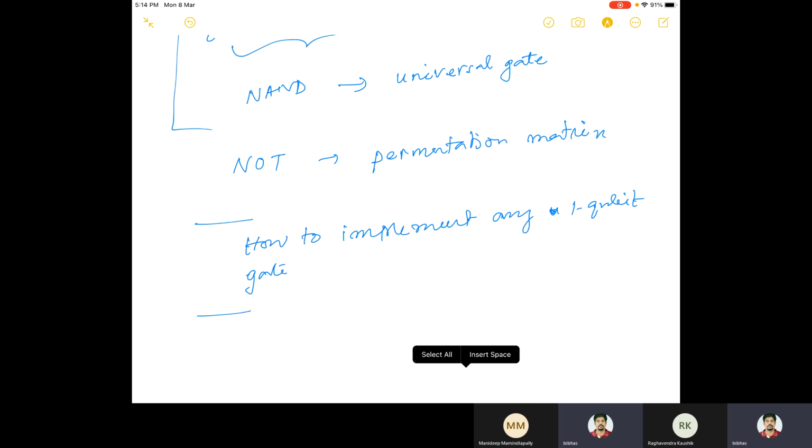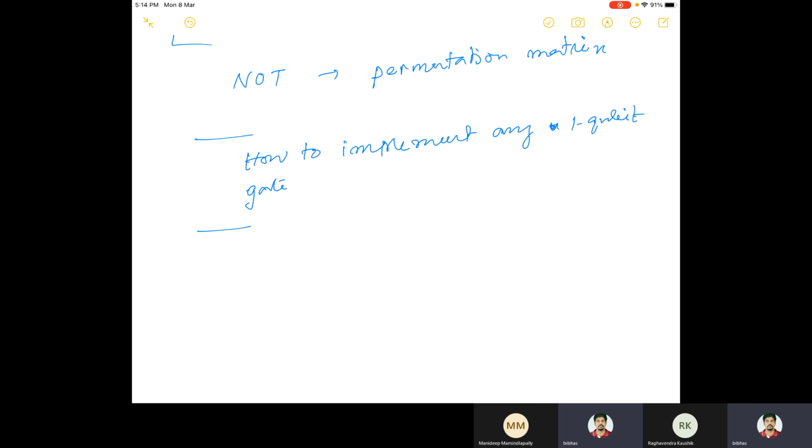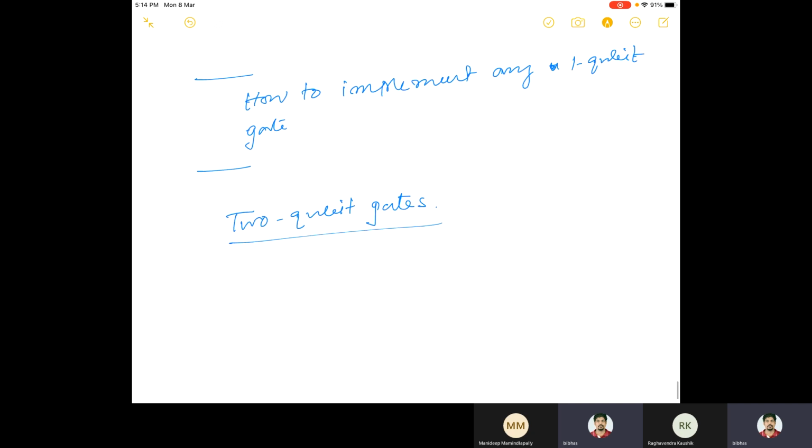And now today I'll talk about two qubit gates. So what I mean by a two qubit gate is, you have a matrix U which is from C² tensor C² to C² tensor C².